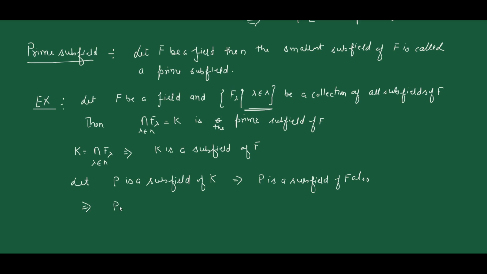So P is equal to F lambda naught for some lambda naught belonging to capital lambda.